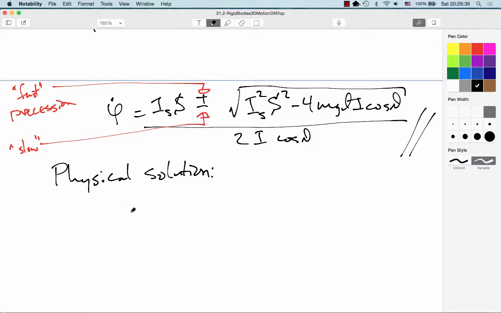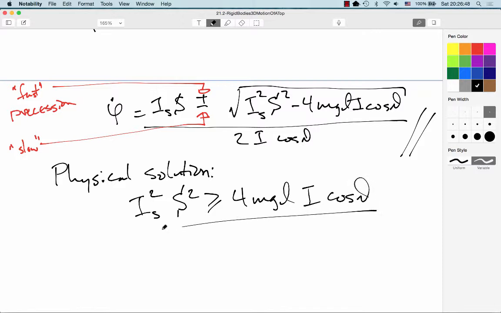So that requires that I_S S squared be greater than or equal to 4 mgl I cos theta. So that's our stability condition. If we don't meet that, then we're not going to have precession. In fact, what's going to happen is it's just going to flop over.